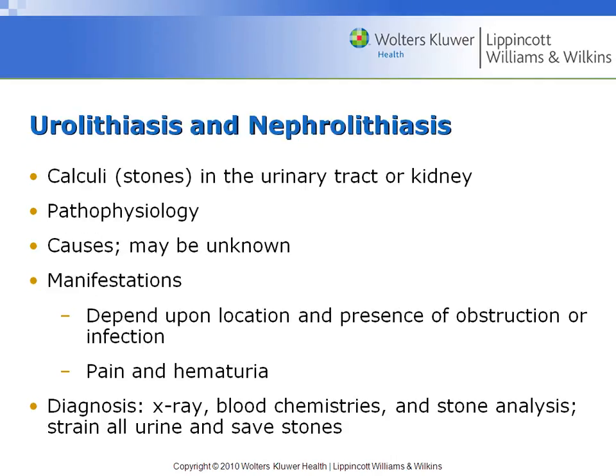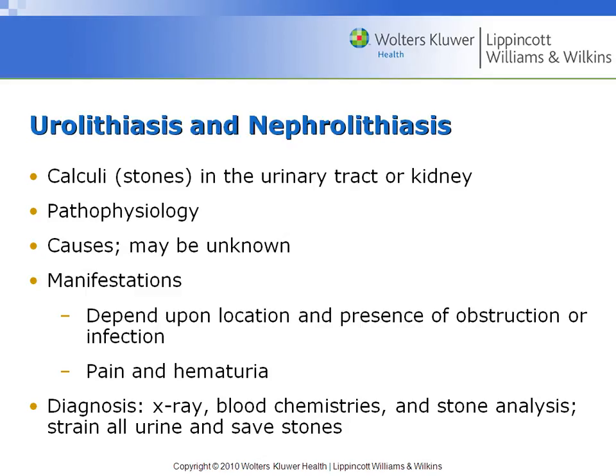Okay. Urolithiasis and nephrolithiasis, these are calculi or stones in the urinary tract. Like we said, causes may not be known. Manifestations depend upon location and presence of obstruction or infection. Usually the main thing, like I said, is pain and hematuria. Whether the stone is in the bladder or in the kidney, its presentation is going to be different.